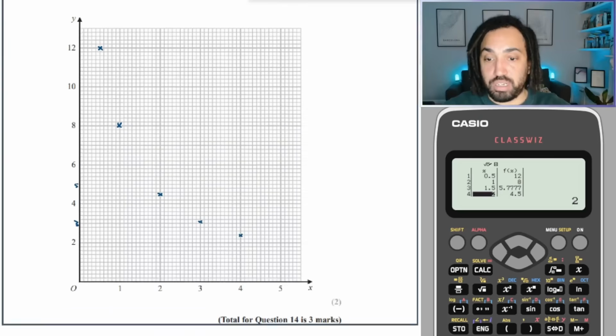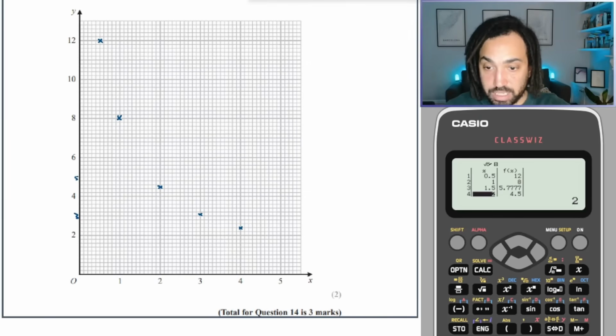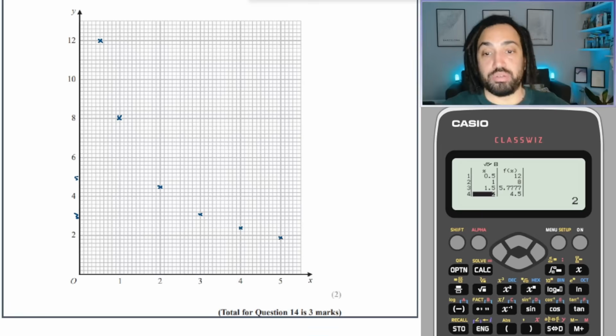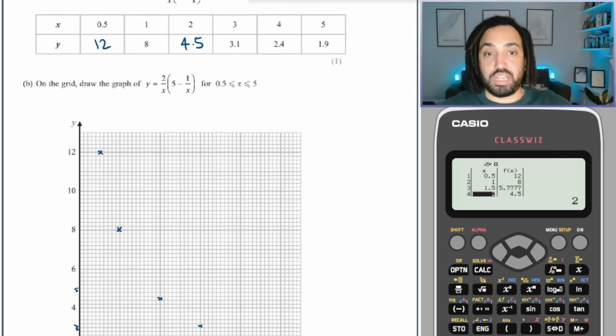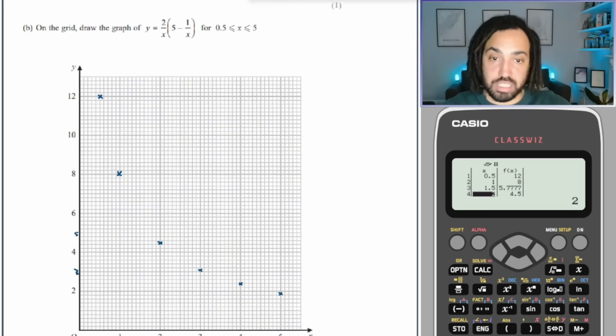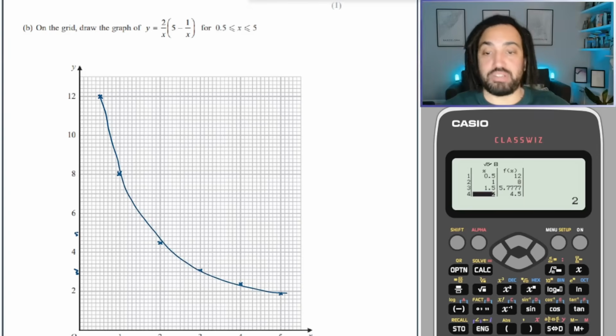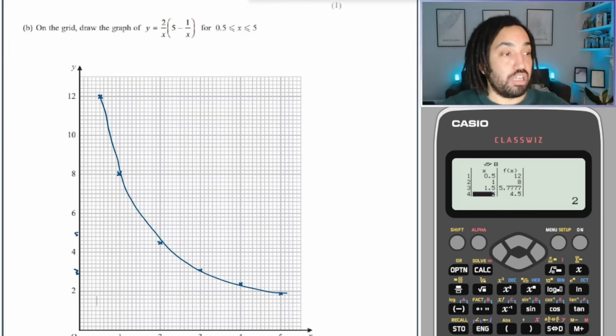And then 1.9 is half a mini square below 2. Okay, and then we always must connect up the graph. Now this is going to be a smooth curve. That's about as smooth as I can get it. And that's it.